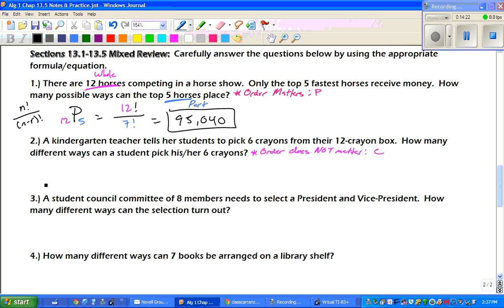Okay, so there's your whole, there's your part. So 12 C 6, and now this is the n over n minus r factorial times r factorial.